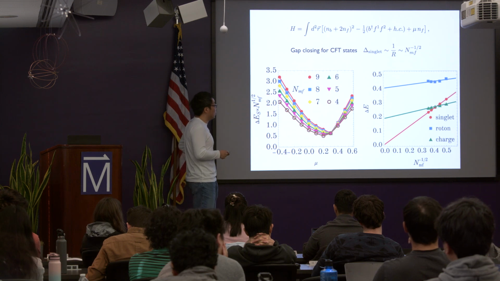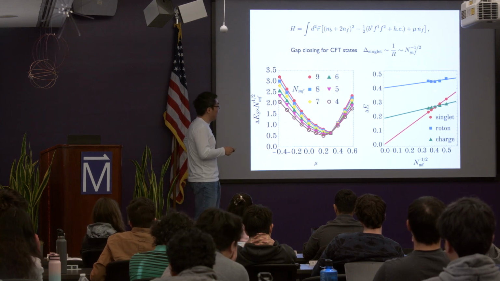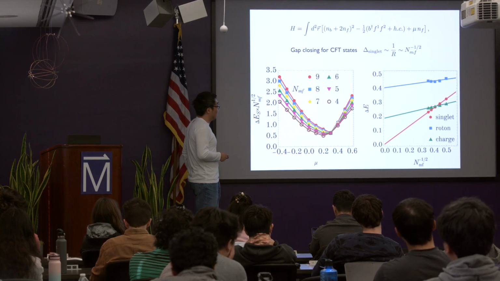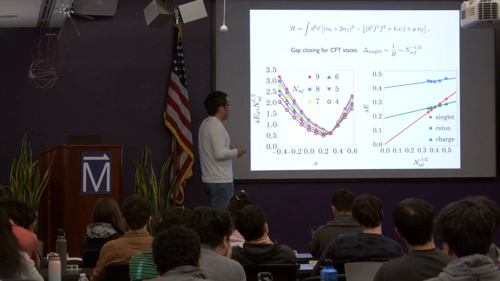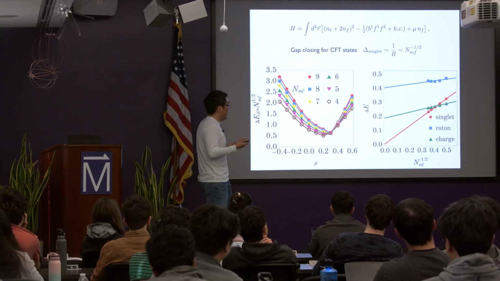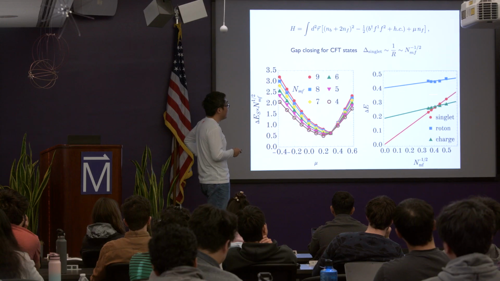We can also directly check the energy gap. There are actually different types of excitations. There are singlet excitations, which you can see scale to zero, and there are magneto-roton excitations, which are present in most quantum Hall systems, and we find that actually they are gapped.